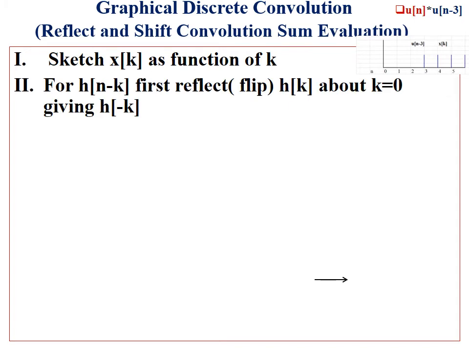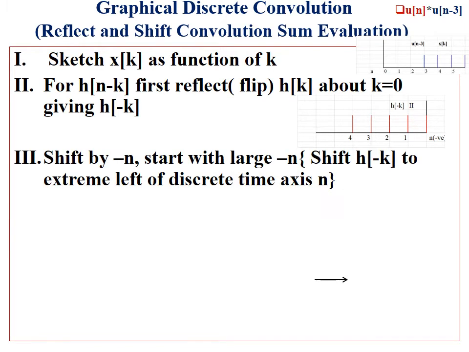Next, for h of n minus k, first reflect h of k about k equal to 0, giving h of minus k. In the problem, u of n is chosen as h of n minus k. Hence, u of n is flipped about 0, resulting in h of minus k, as given in step 2.